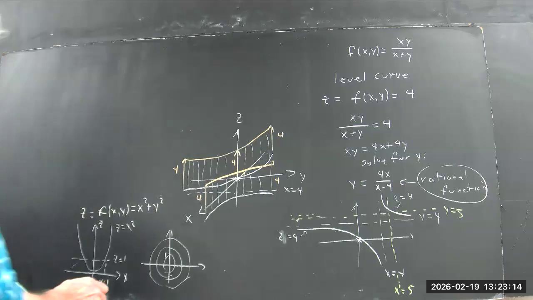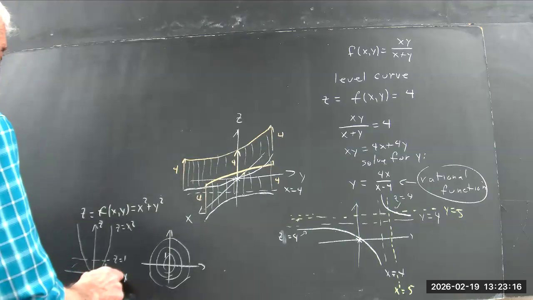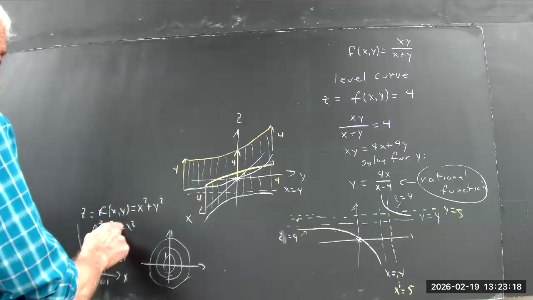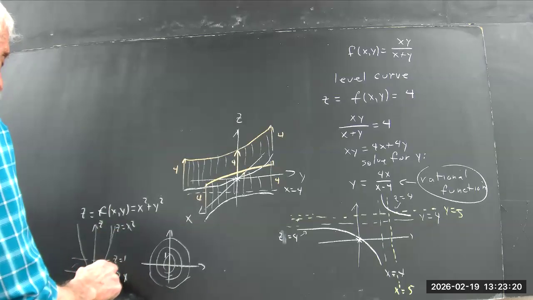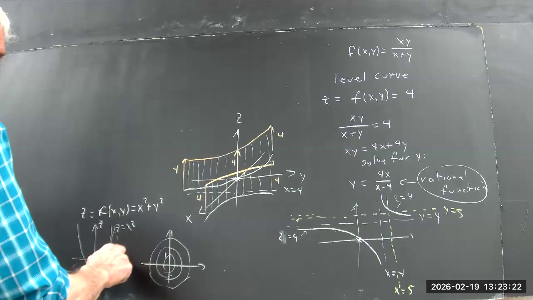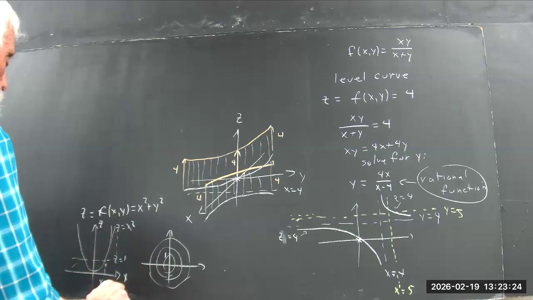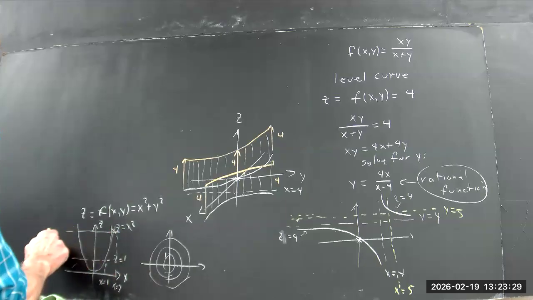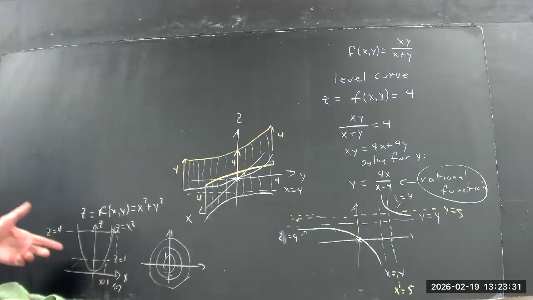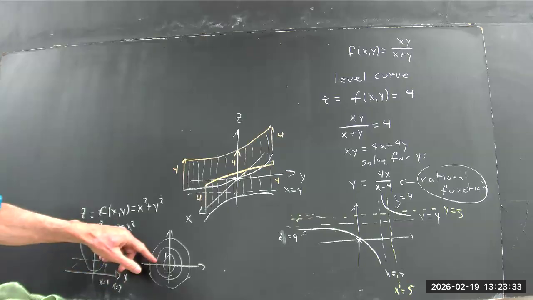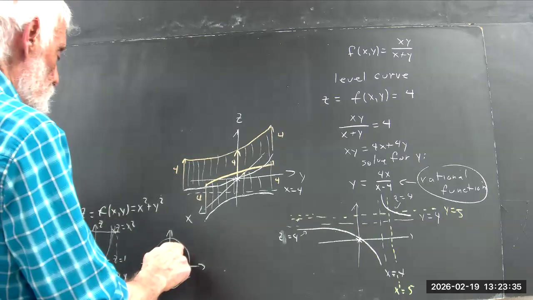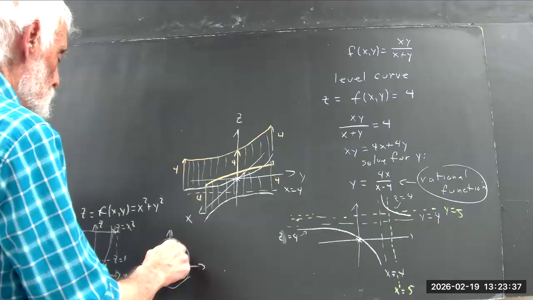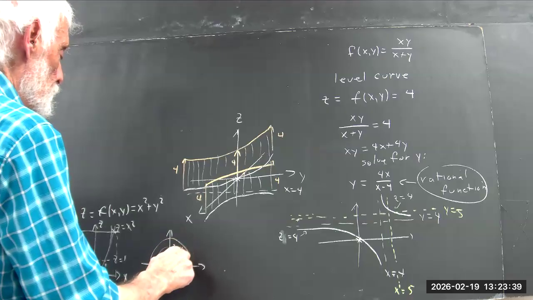There's z equals 1. Now, if we come out to x equals 2, we get z equals 4. So this would be the level curve, I'm writing it really small.